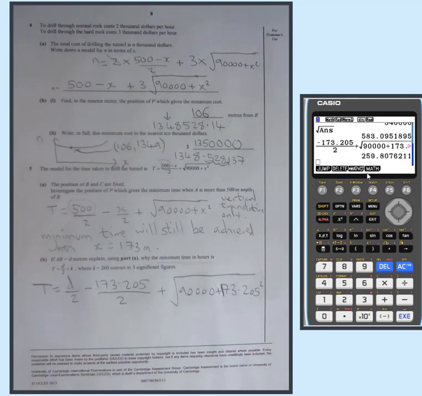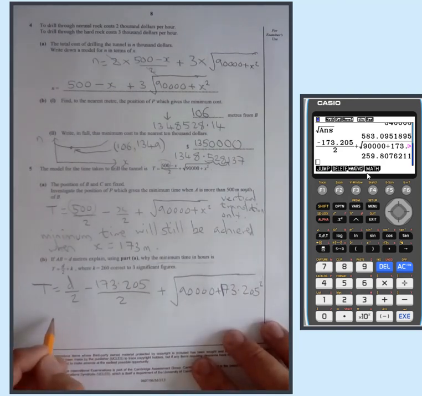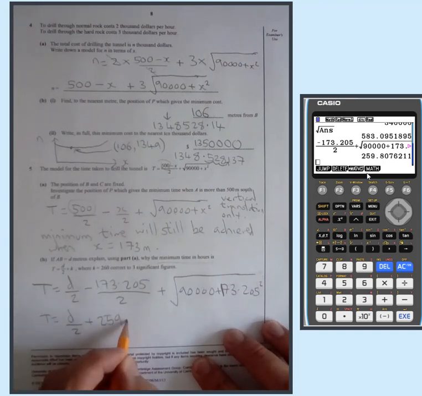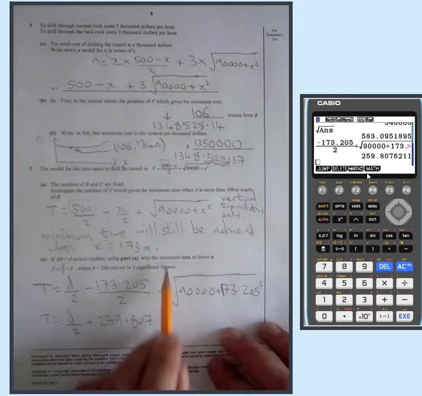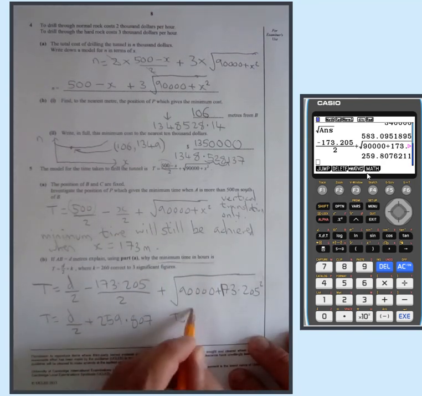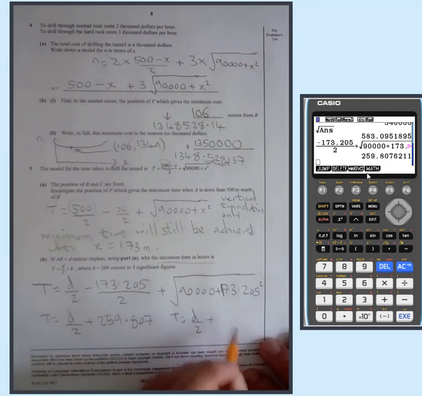And that is very useful. It comes out at 259.807. So T equals D over 2 plus 259.807. So when we're looking for this minimum time here, T equals D over 2 plus 260. That's 3 significant figures.